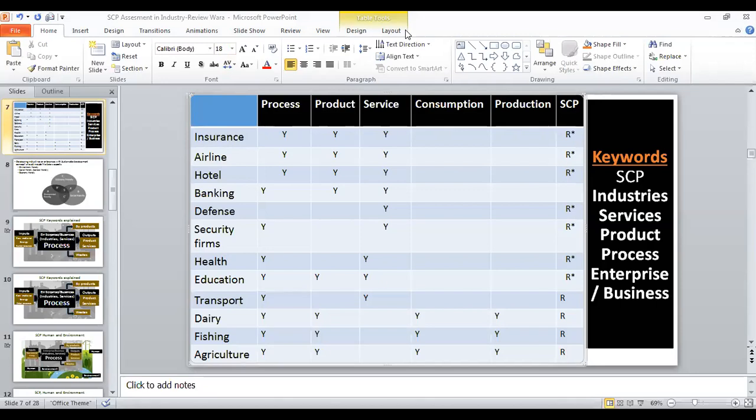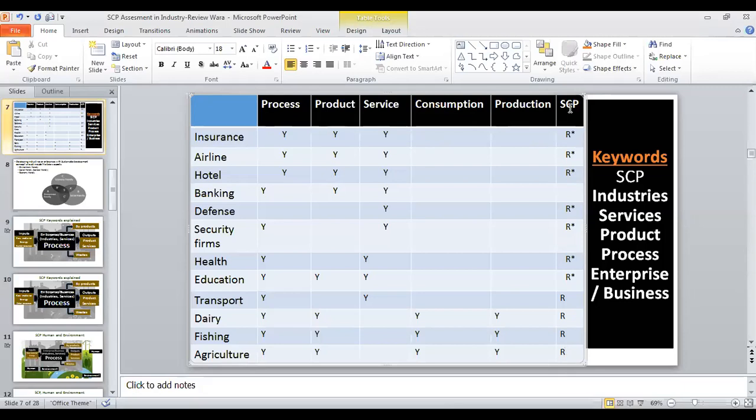So you can see no matter the services and the products, the relevancy of sustainable consumption and production is there. Okay, that's also.